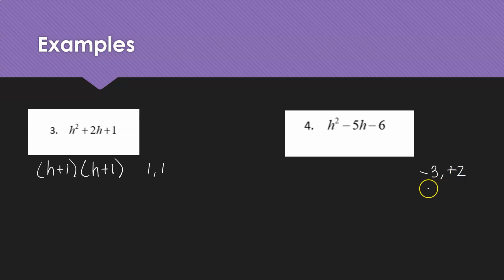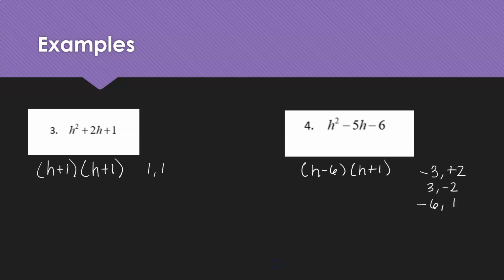How about +3 and -2? When you add those together, you have 1. So I only have a couple options here. I have -6 and +1. There you go. When you add them together, they equal -5, which is the center term. So I have the quantity h minus 6, the quantity h plus 1. There's your factored form. 2 more.